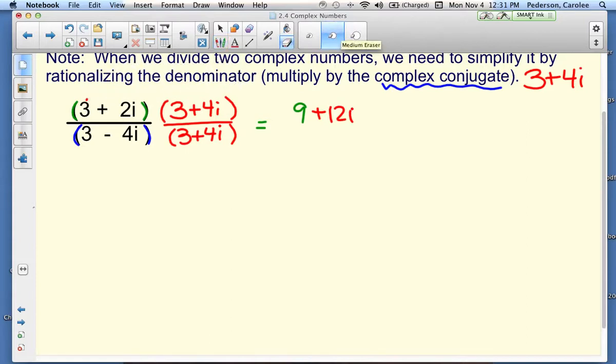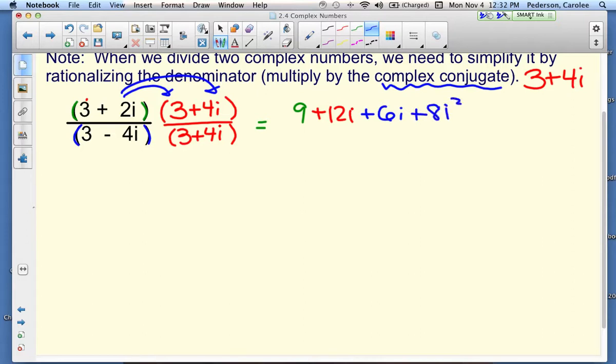So we've done first and outside, now go to inside. 2i times 3 is 6i. 2i times 4i is 8i squared. Over, and now we have to FOIL the denominator.